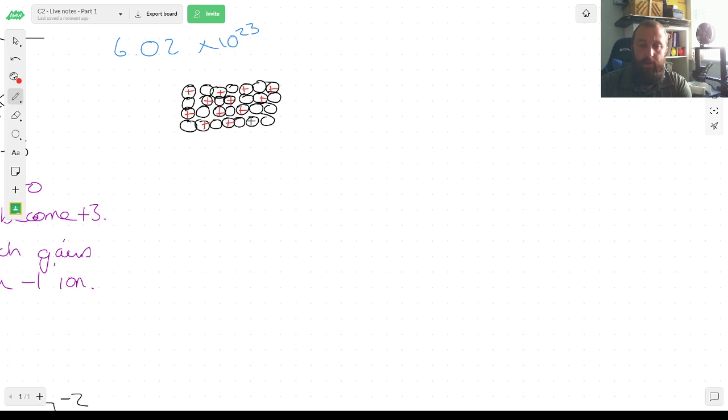There's my positive cations, and we're going to have our negative anions alternating through that. So what I've ended up with is all of these clumped together, and we've got these strong ionic bonds.